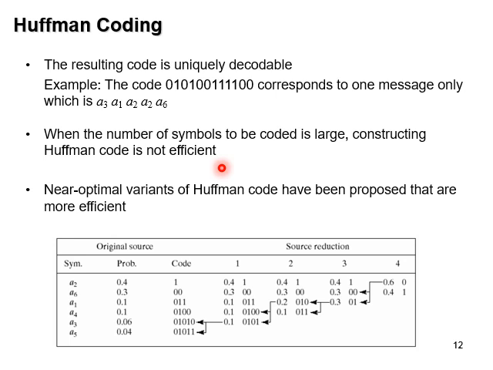What if the image had 50 different gray levels? Imagine how big that table would be and how hard constructing it would be. Therefore, there are other variants of Huffman coding that have been proposed that are more efficient in terms of obtaining them. They are near optimal, meaning that they are not as good as Huffman coding. We're not going to go into that, but you will see that in other courses in the future.